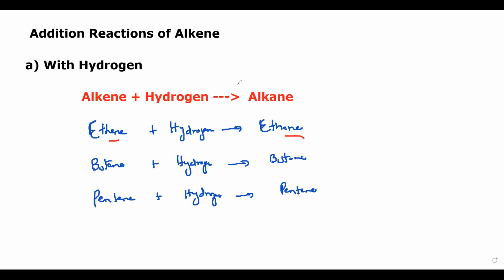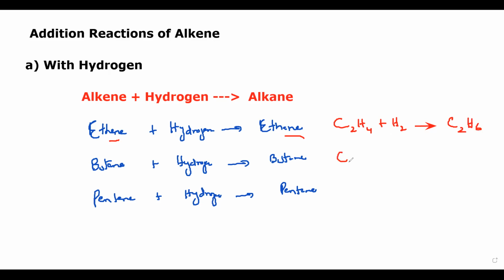If we write in terms of formulas, for example, ethene is C2H4, plus hydrogen, which is H2. As I mentioned, addition reaction means all the particles form one product. So when all combine together, C2H4 plus H2 becomes C2 and 4 plus 2, so H6. So it will become C2H6.